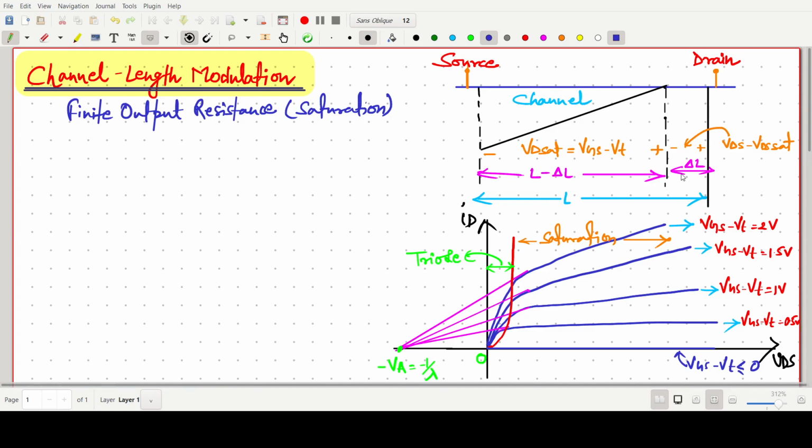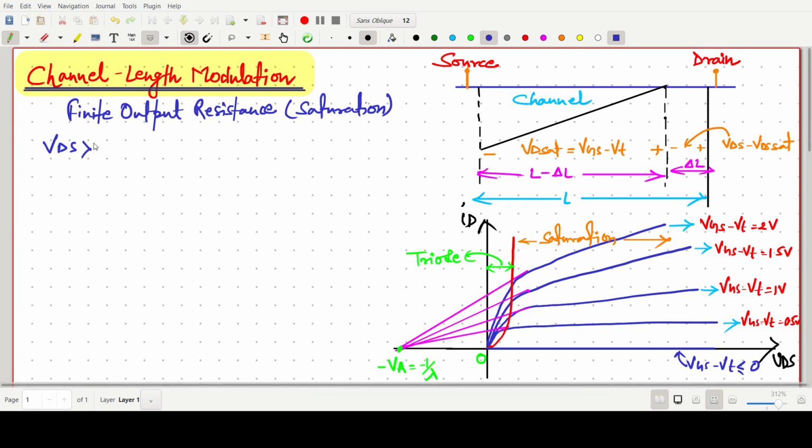So this is one diagram I have already made, with the source and drain. So basically what happens when this VDS, the voltage across the drain and source, I am writing here, this VDS is greater.